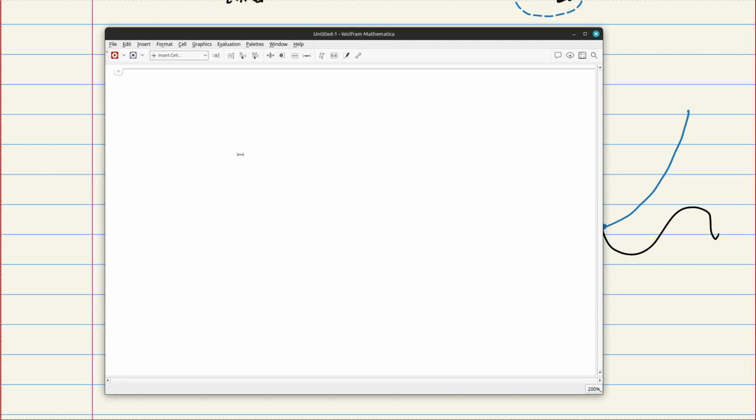So what we need to do is plot two things. One is tangent z, and the second thing is z naught squared divided by z squared minus 1.